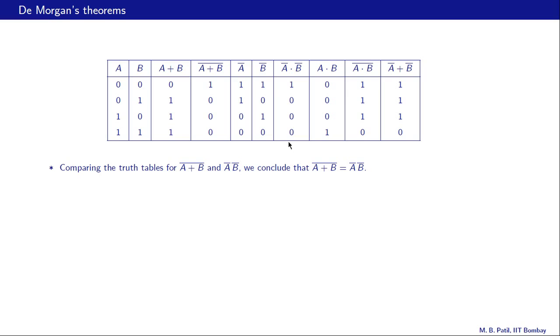This column is also 1 0 0 0. Therefore, these two are equivalent. And similarly, this expression A B whole bar is A bar plus B bar. Let us check that out. This column is here 1 1 1 0, and this column is here 1 1 1 0, same. So therefore these two expressions are identical.